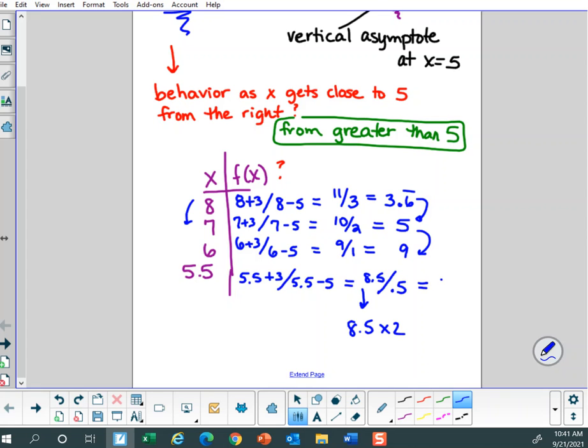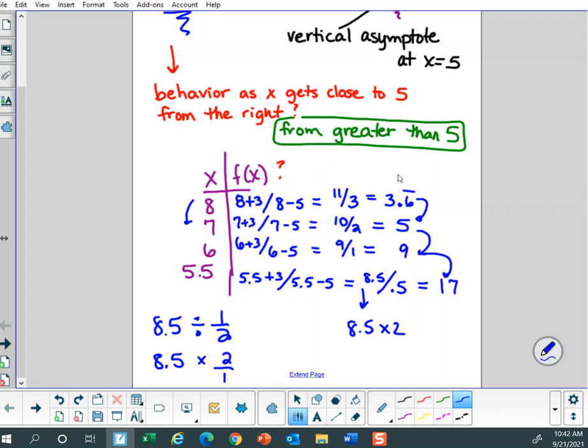That's 100% right. So 8.5 divided by a half essentially is 8.5 times the reciprocal of a half, which is 2.